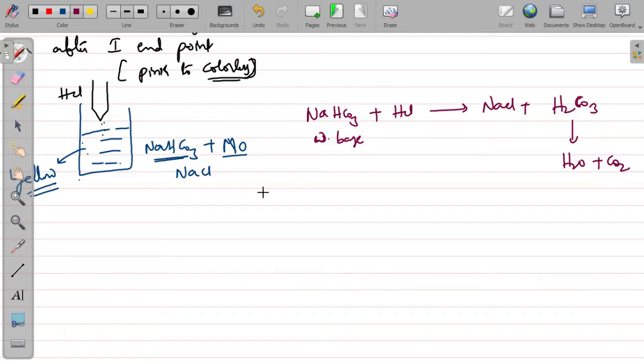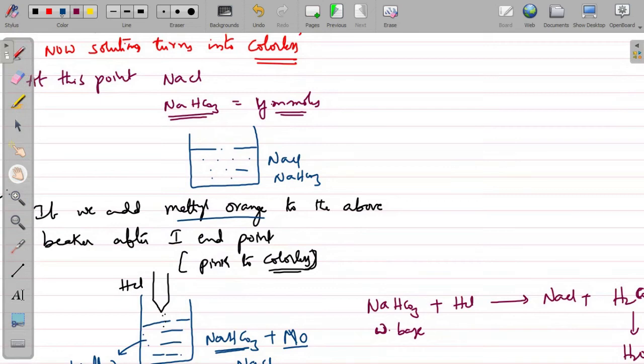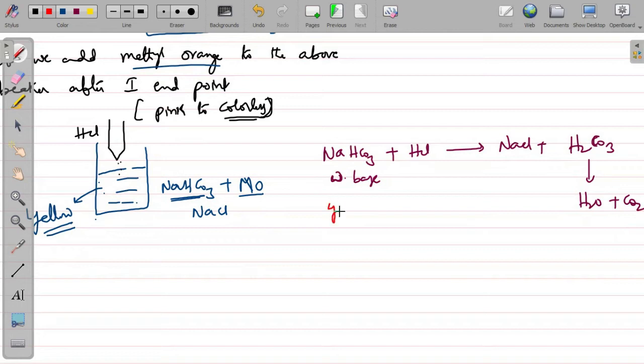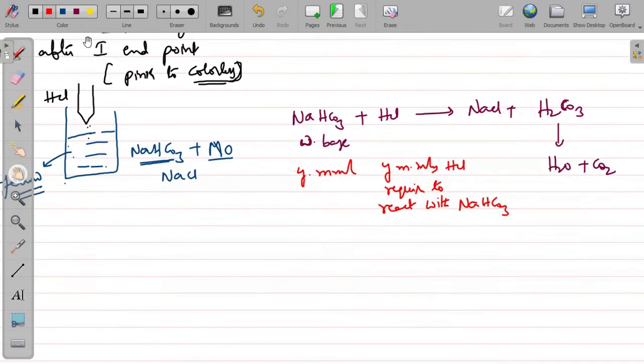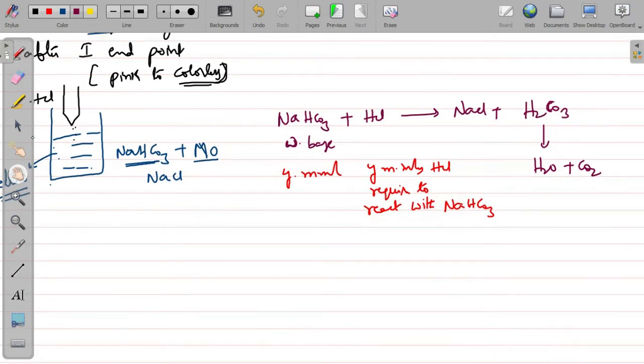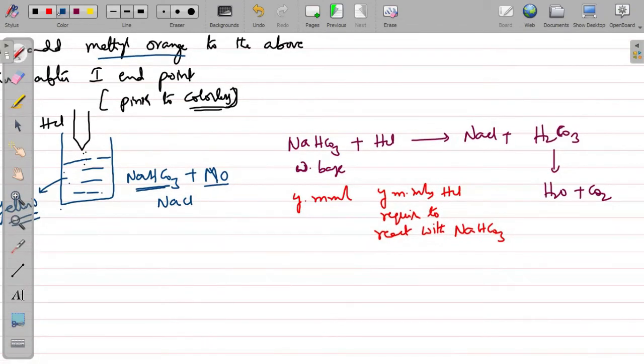Now, earlier we have seen how much sodium bicarbonate is formed: Y millimoles of sodium bicarbonate is formed. So these Y millimoles participate in the reaction with Y millimoles of HCl. Y millimoles of HCl are required to react with sodium bicarbonate. Now after the reaction, since carbon dioxide is formed, the solution becomes acidic in nature.